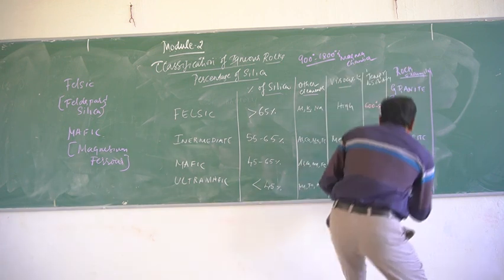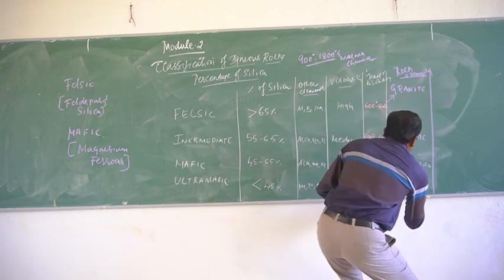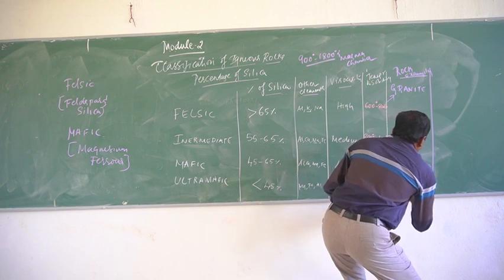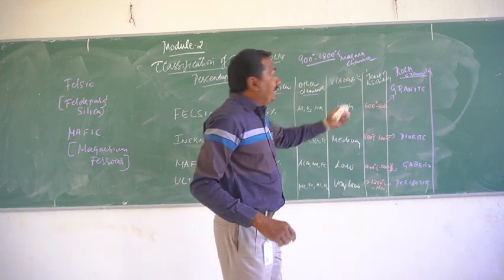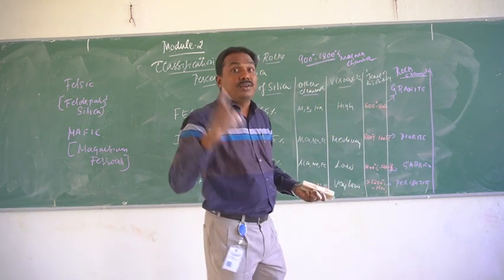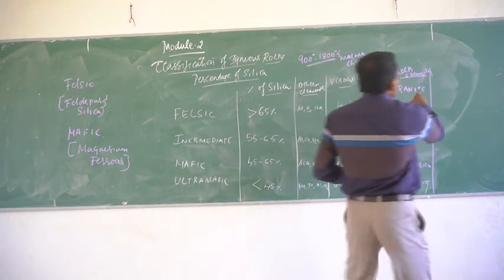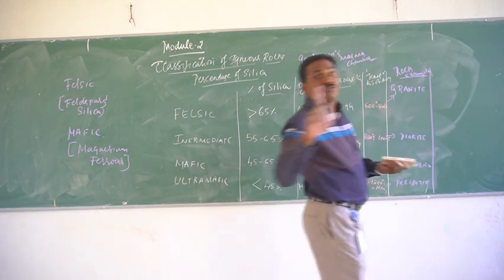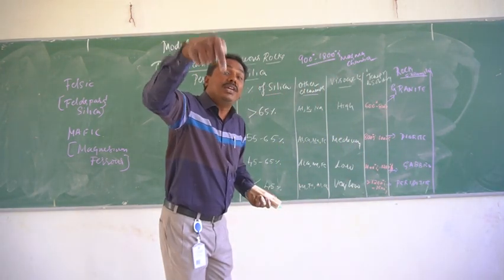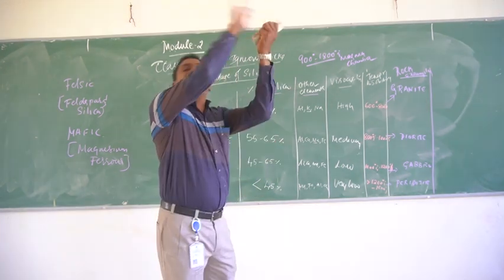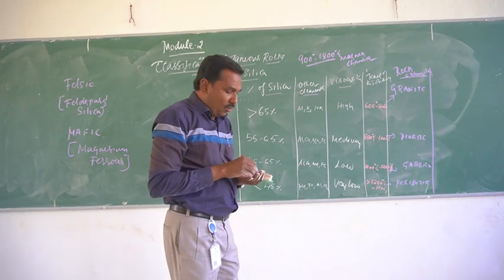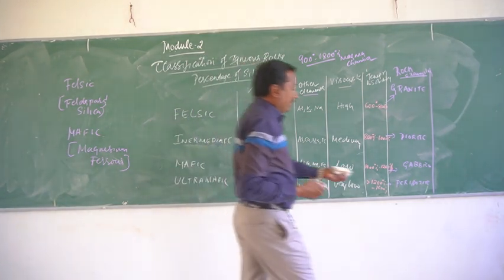For ultramafic, peridotite. See, these are the rock examples for intrusive rocks. Similarly, the same temperature, when it is being squeezed out, what would be the examples?